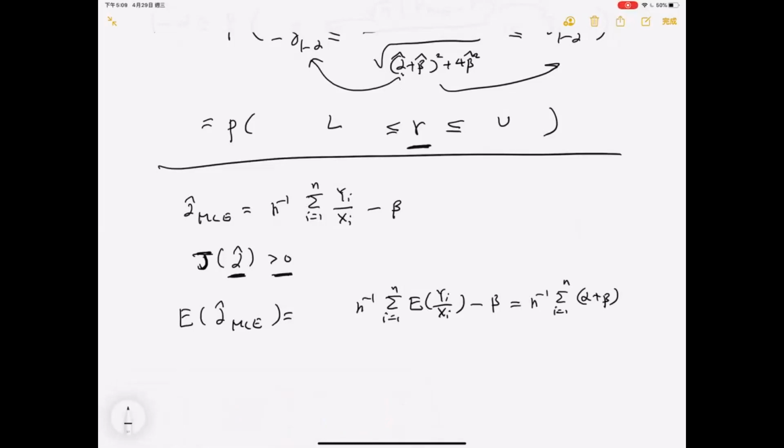Alpha plus beta, divided by n. No, alpha plus beta. Then minus beta right here. So this guy cancels out. Alpha plus beta minus beta equals alpha. So then MLE alpha hat is an unbiased estimator of alpha.